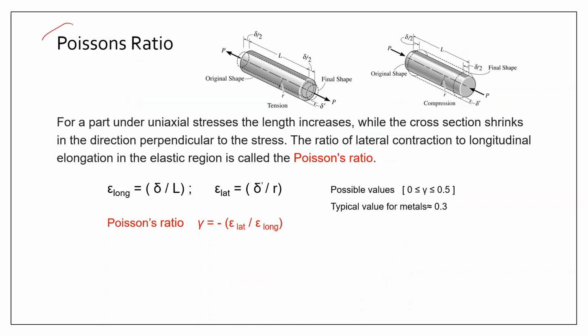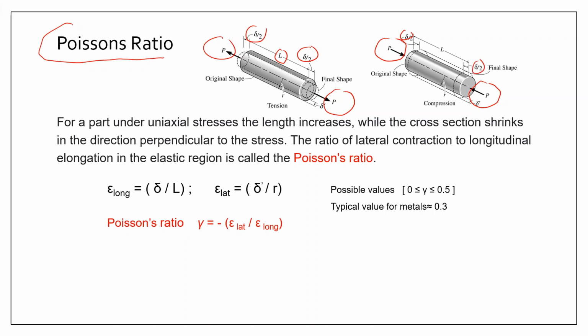Another important property which you can determine by the tensile test is the Poisson's ratio. If you have uniaxial stresses applied to a specimen, the length L will increase by delta. If your uniaxial forces are compression, then the length will decrease again by delta.